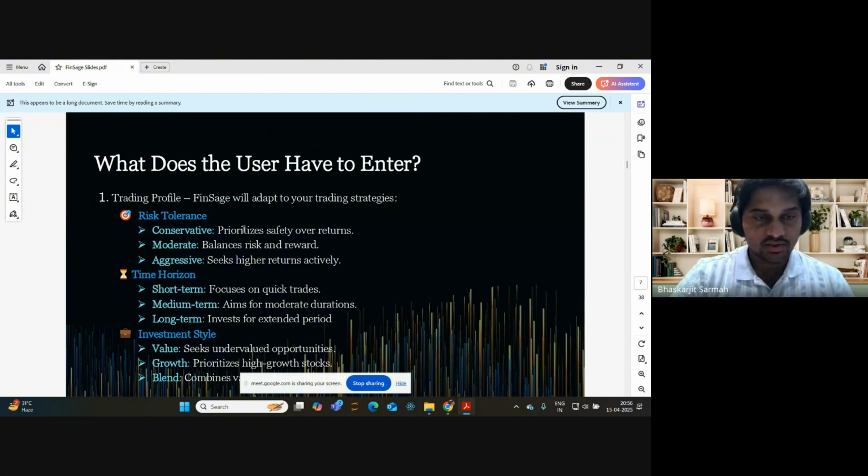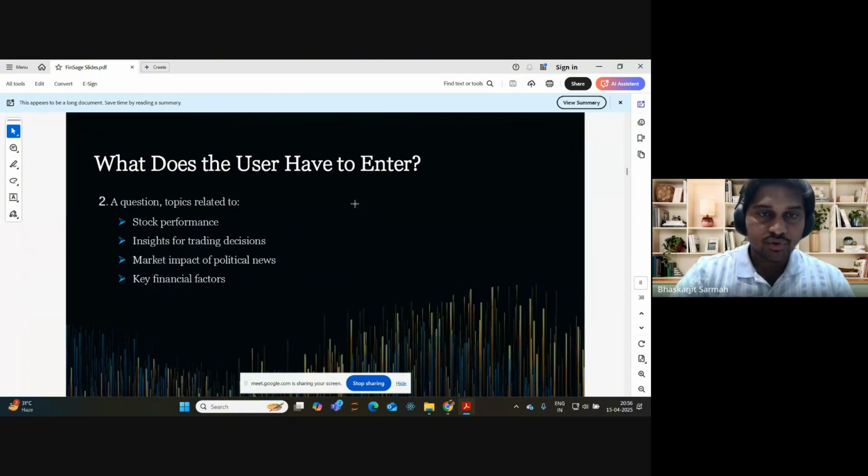From the UI, you can select whatever your risk tolerance is, whether you are trading for short term, medium term, or long term, or what your investment style is. This is what we call the trading profile, because depending on your trading profile, the recommendation that we get from this trading Copilot will be different.